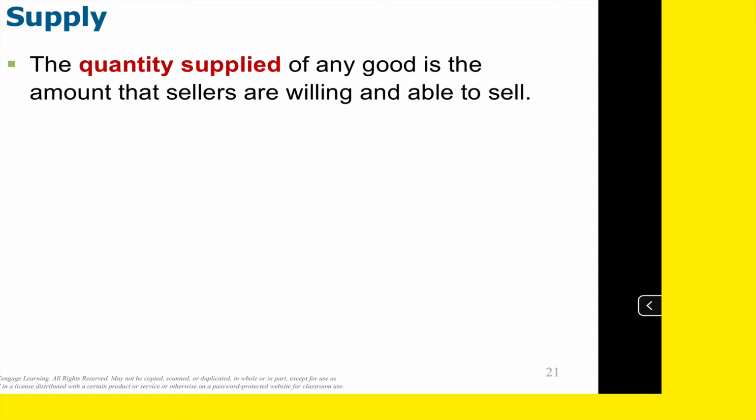Now let's suppose that the only factory in the world that makes peanut M&Ms is located in Florence, South Carolina. What is the quantity supplied of peanut M&Ms today?